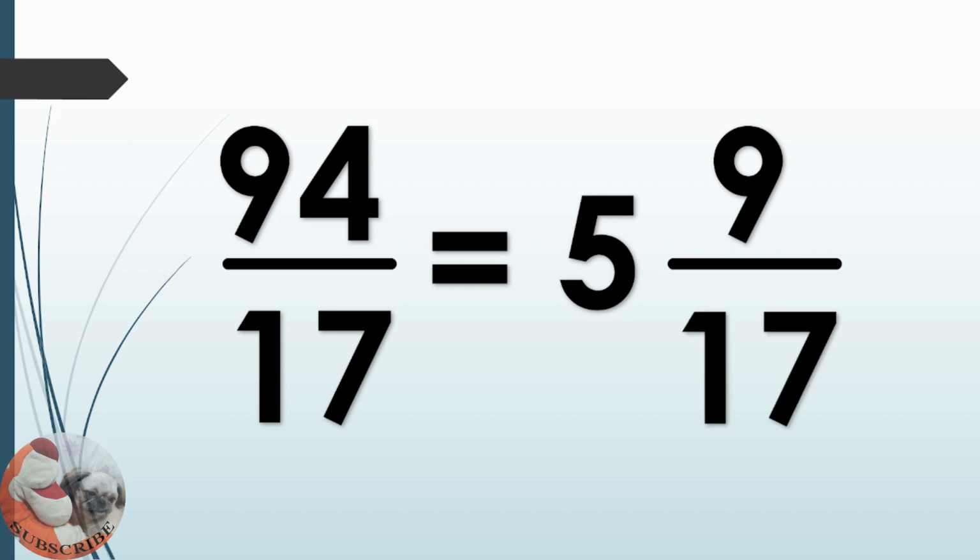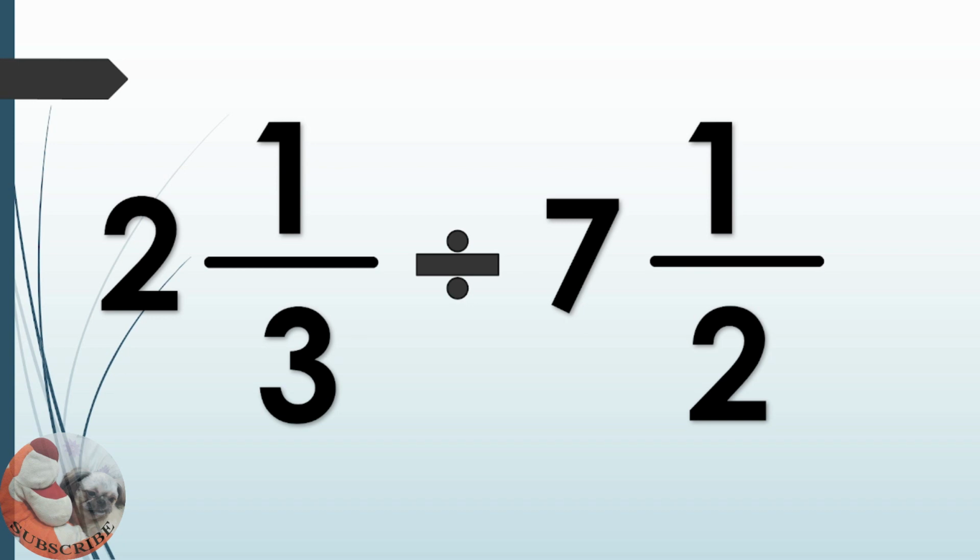Let's have another example. 2 and 1/3 divided by 7 and 1/2. Again, you have to change the mixed numbers into improper fractions by multiplying the denominator by the whole number. So 3 times 2 is equal to 6.